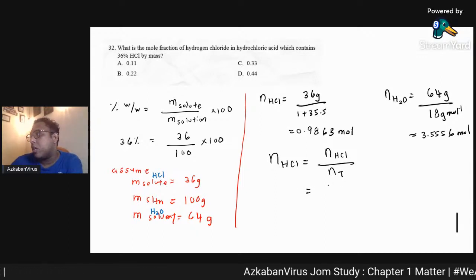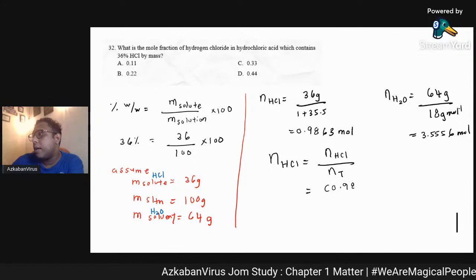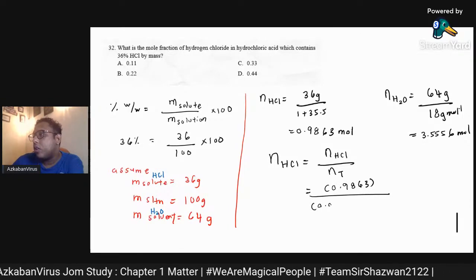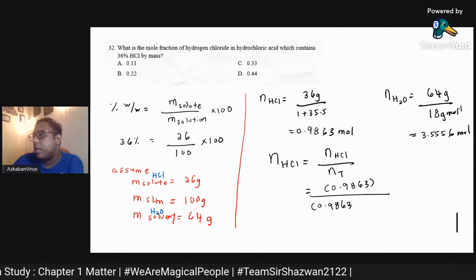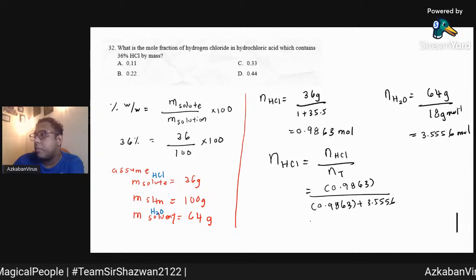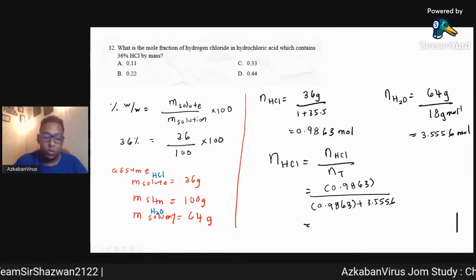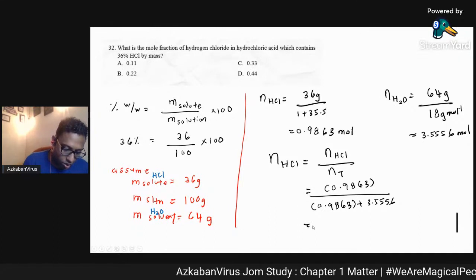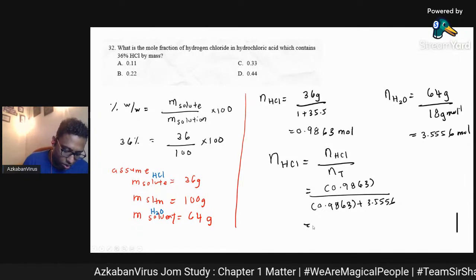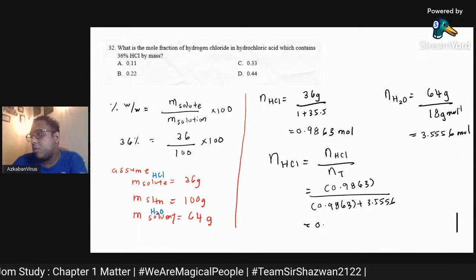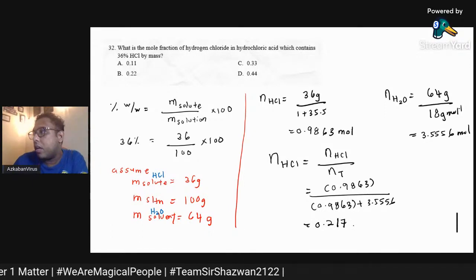Ni sama dengan 0.9863 bahagi dengan 0.9863 tambah 3.5556. This is equal to 0.217.